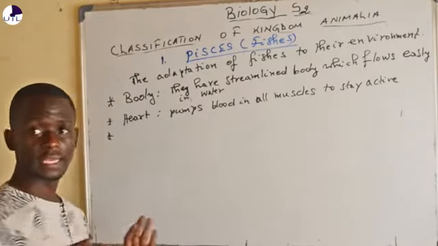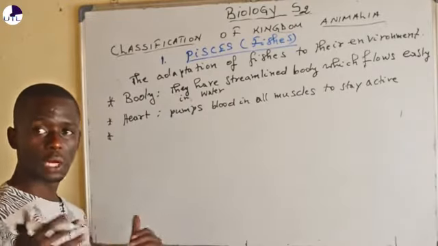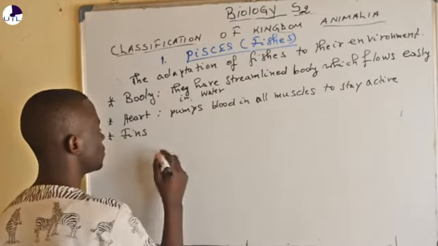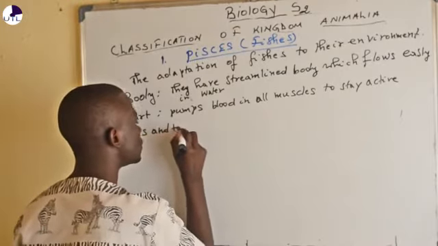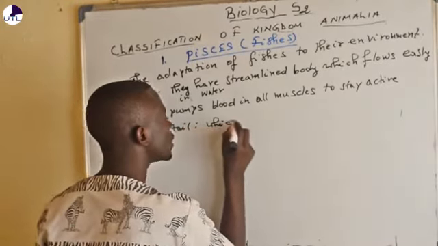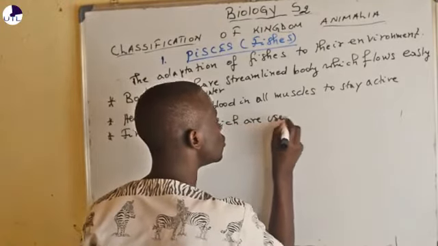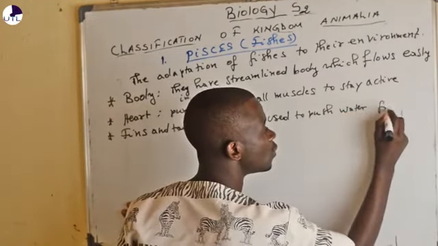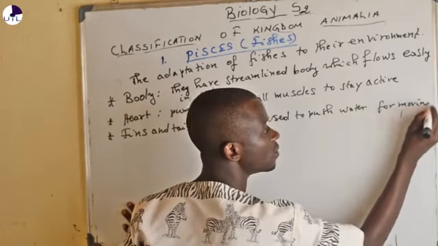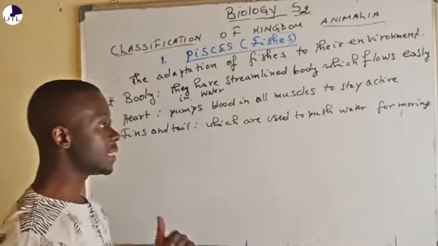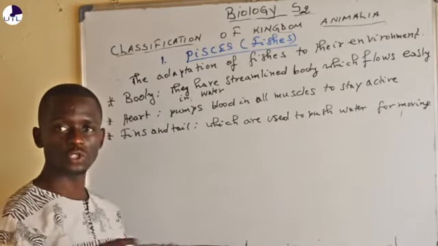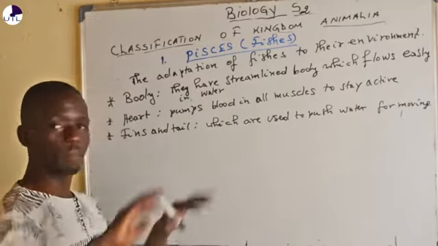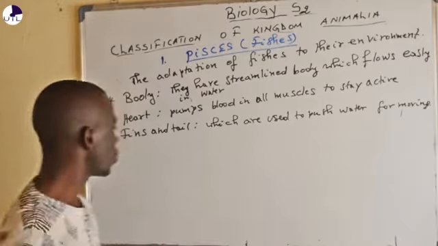And the third characteristic, they have fins and tail, which are used to push water for moving. Moving in water is not that easy like moving in air, so they need to use their fins and tail for beating water, for pushing water for the fish to pass through.